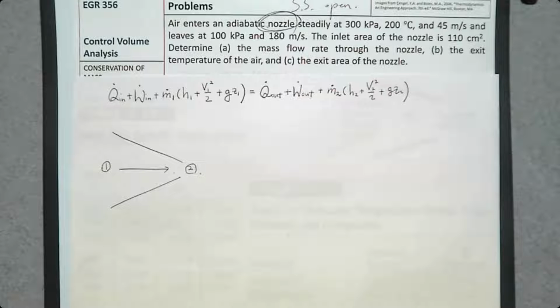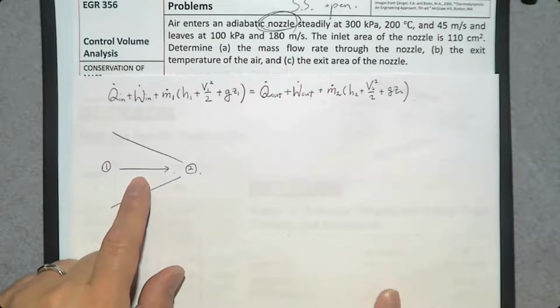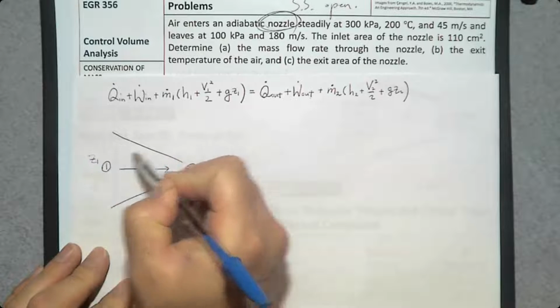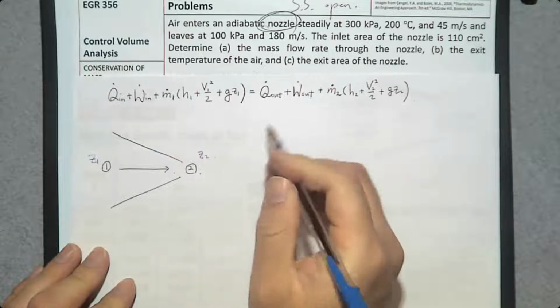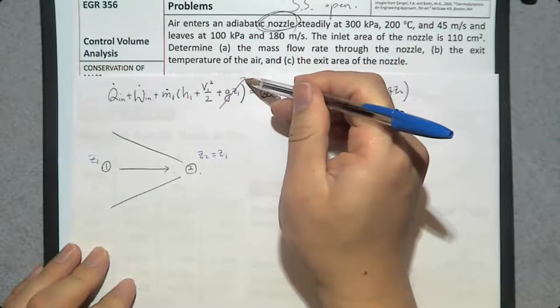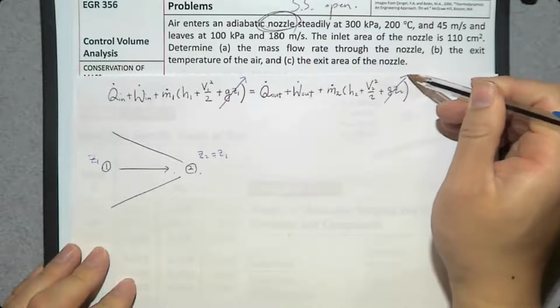So we can simplify this energy balance equation for this nozzle. First, we can say the elevation is about the same. Then we can neglect potential energy change.